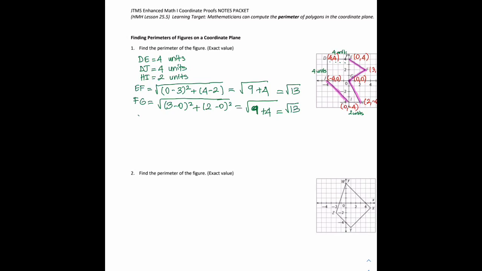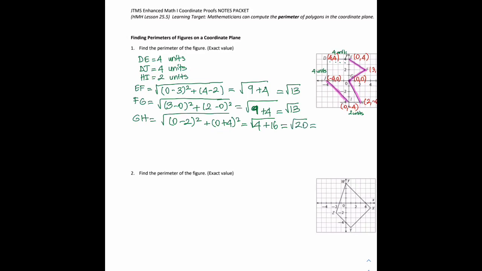And then GH, the length of segment GH: 0 minus 2 to the second power plus 0 plus 4 to the second power, which will be 4 plus 16, and that will be the square root of 20.